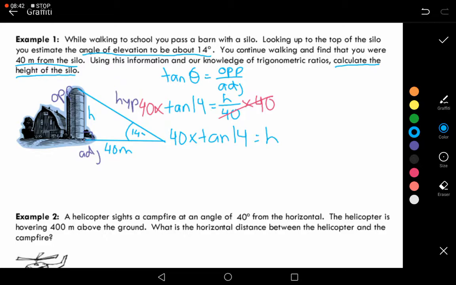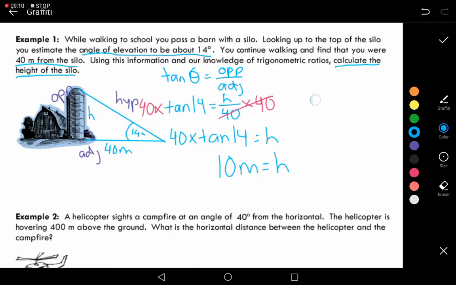Again, just pulling out your calculator there, and you should get 10 meters equals h. Because this is a word problem, of course, we obviously want to make a concluding statement. So again, you need to be able to calculate it, but once you've calculated it, you also need to remember what you were actually calculating.